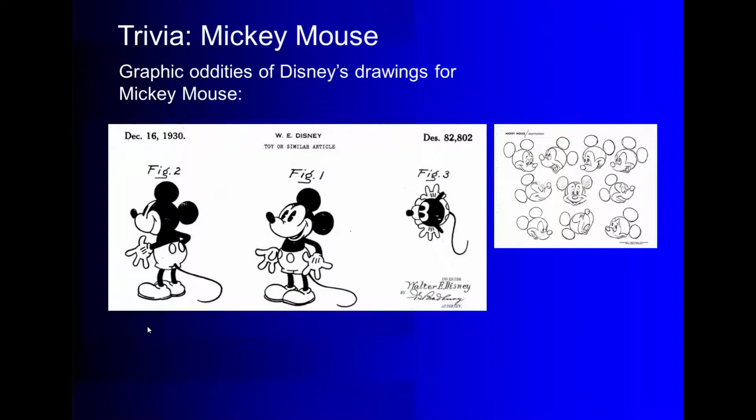Trivia. We're going to start with some graphic trivia. Now, I'm sure you're all familiar with Mickey Mouse. You know, there's some graphic oddities about Mickey Mouse, but it's part of his style. And part of the style of Mickey Mouse is that no matter which way he's pointed, the angle of his two ears, separating them, is always the same.